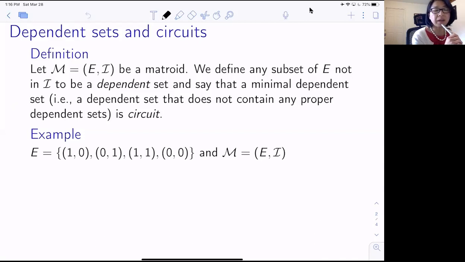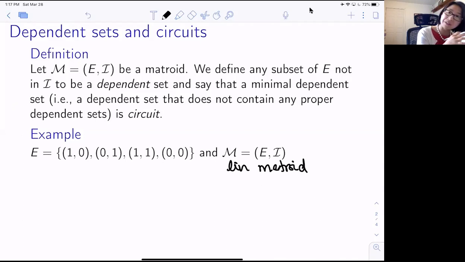So for example, let's consider this linear matroid right here. Here we have 4 vectors in R2: (1,0), (0,1), (1,1), and (0,0). We'll define the linear matroid on these vectors. That means the independent sets are the linearly independent subsets of these vectors. So let's think about what the circuits are.